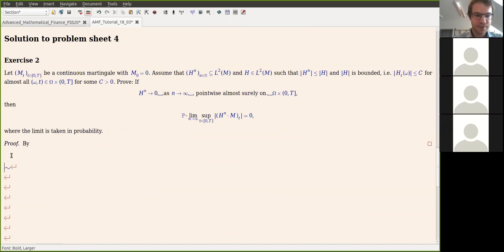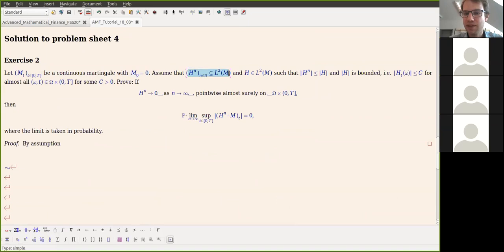So first, let me recall what we want to do. We have a continuous martingale. To make our life easier, we are not considering general semi-martingales starting at 0 as before.